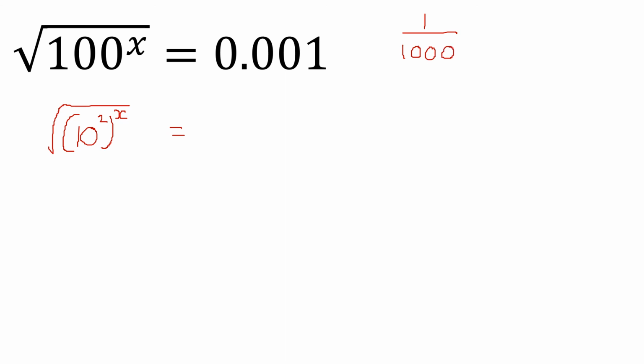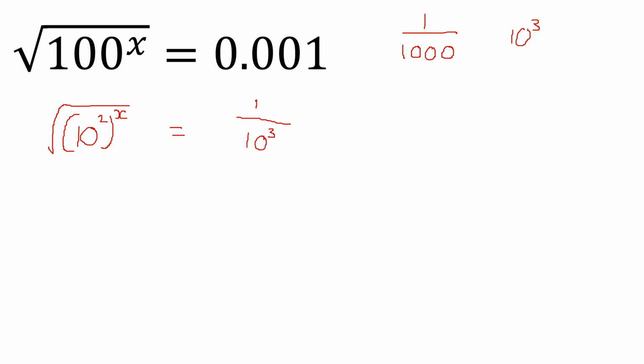So with having 1,000 as our denominator, well, we can rewrite 1,000 with a base value of 10, can't we? Because 10 cubed is 1,000. So we could rewrite that there as 1 over 10 cubed.